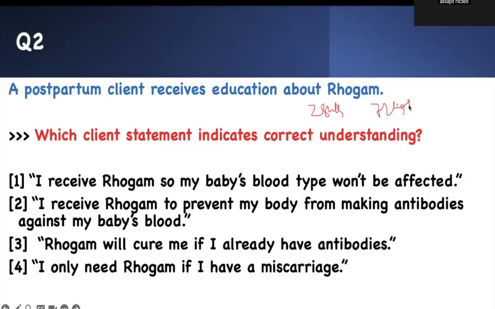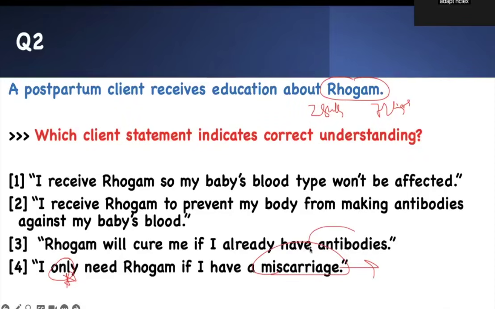But this is what the mother is saying. Put down your answer. Let me know what you think. Which answer choice do you think is the right one? Based on the content, what are we doing? We are preventing sensitization of the mother. That is the key. Do not pick the choice that says I only need it for a miscarriage. You need it for more than that. If you have an abortion, a trauma, or a miscarriage, you will need Rhogam.